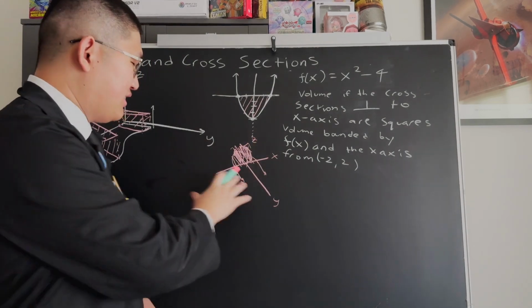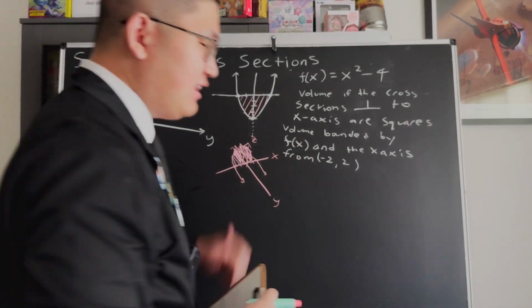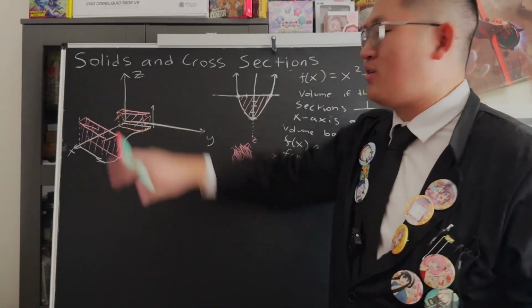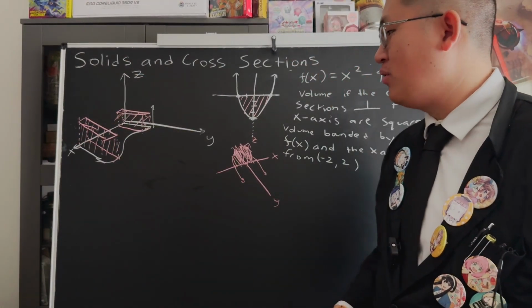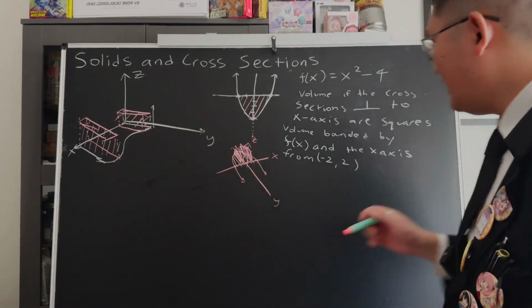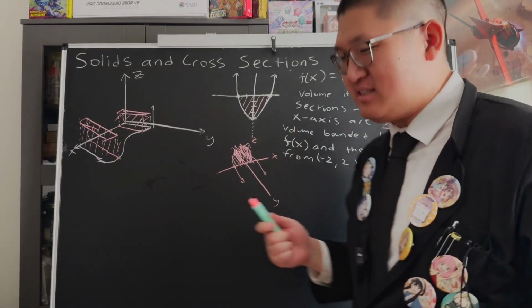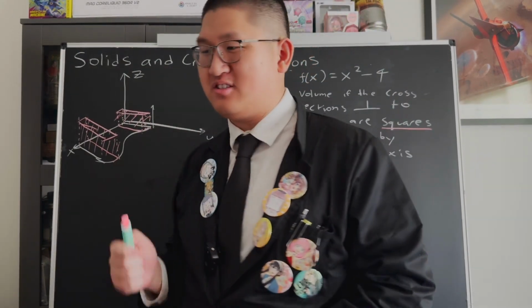Now, this isn't necessarily the easiest drawing for me to do. Again, the one back there is a lot nicer in terms of seeing how these squares are lifted up higher across the board here. Again, remember, the idea is that they are squares. My drawing might not be the best, but that is indeed what the problem is telling us to do.